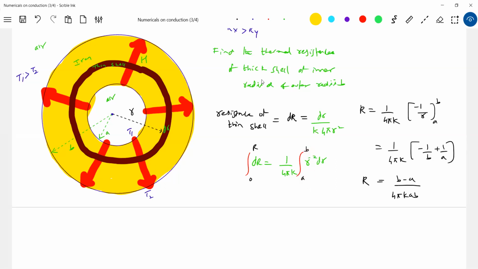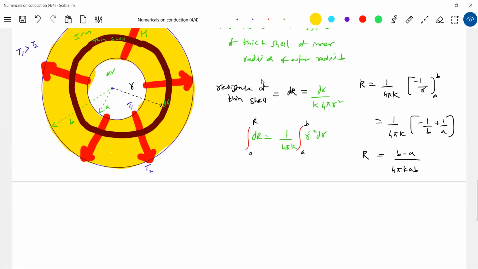Solving, we will get it. Now, if the thermal conductivity varies, the same thing. Let me put a condition. If K is a function of r, what has to be done? So first case we'll discuss: K is not uniform, K varies radially.